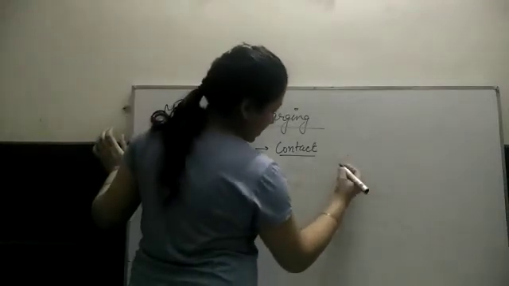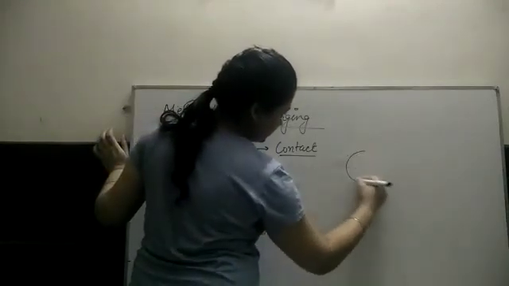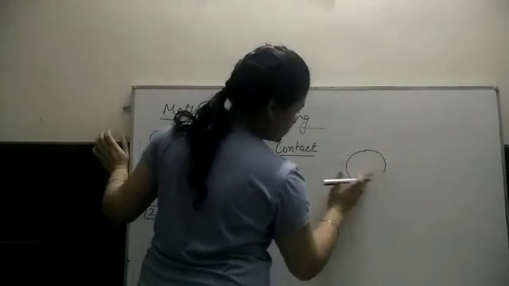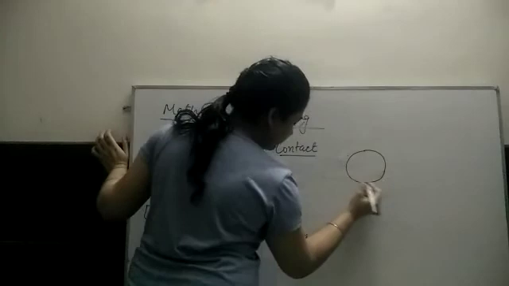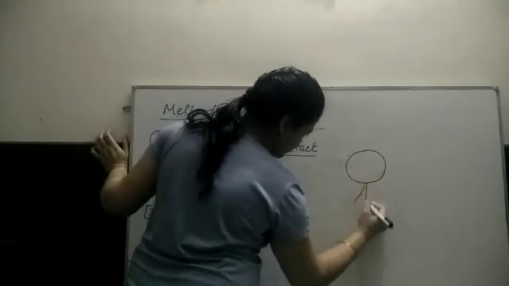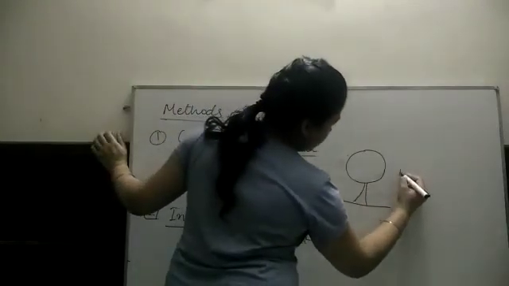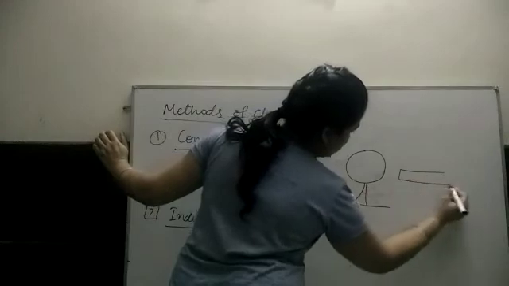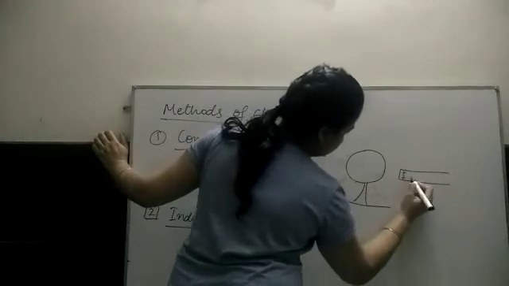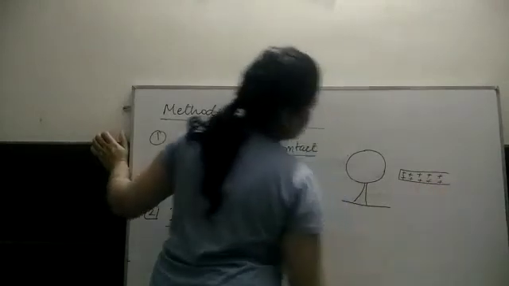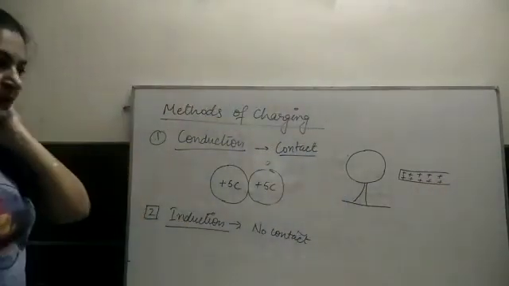For example, if there is one metallic sphere which is insulated from the earth, and no charge is there. Now let us consider I am bringing a charged rod near this. Now what would happen?